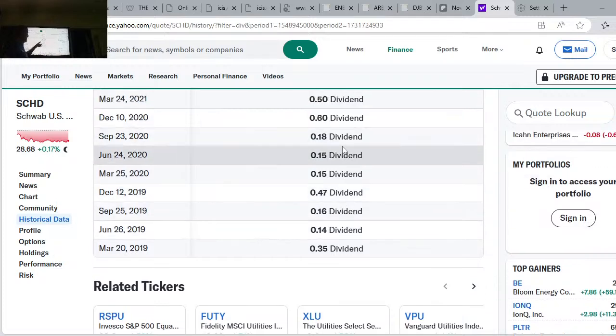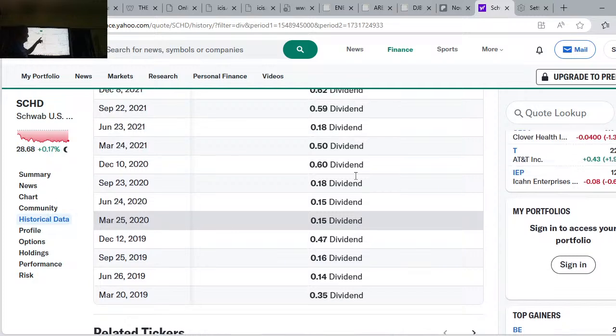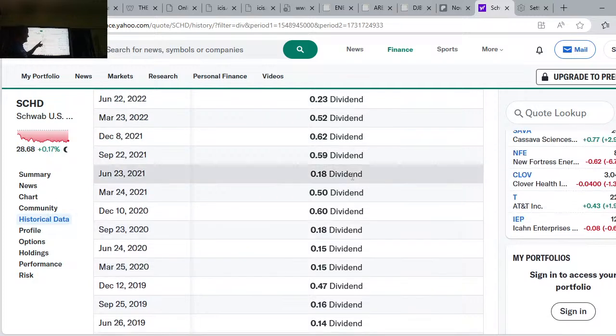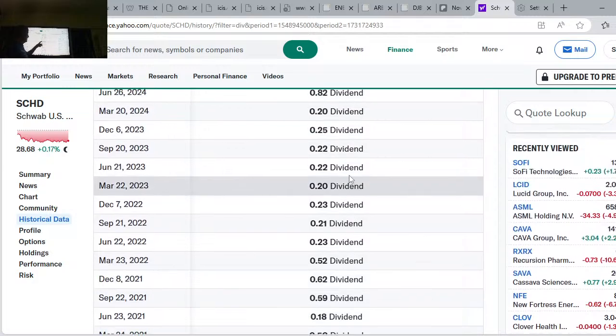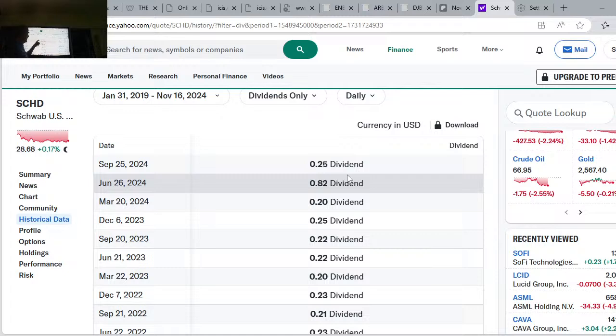Nice. And then it cuts it back down to 15. Then 15, then 18, then 60 to 50 to 18 to 59 to 62 to 52 to 23 to 21 to 20 to 22 then to 82 then to 25. It's up, down, up, down. But wait, it does get worse, if you can believe it.